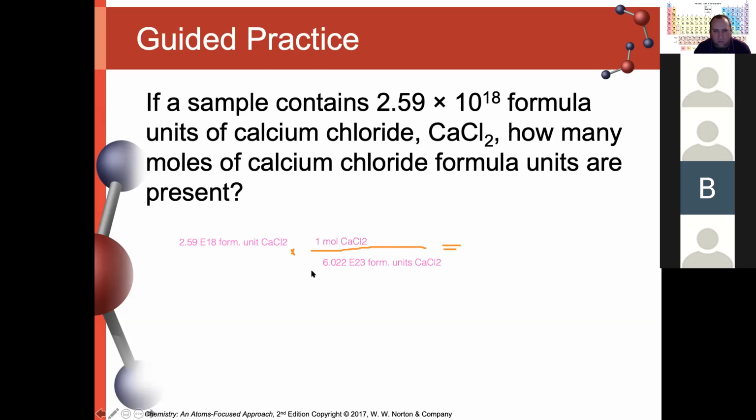And so we can see that my formula units cancel out. I'm left with just moles. I bring out my calculator: 2.59 times 10 to the 18th divided by 6.022 times 10 to the 23rd. And I get 4.30 times 10 to the negative 6th.